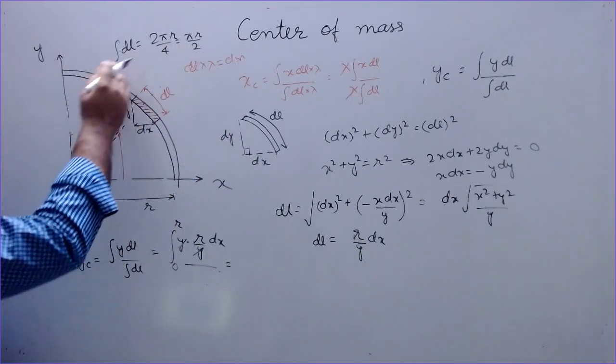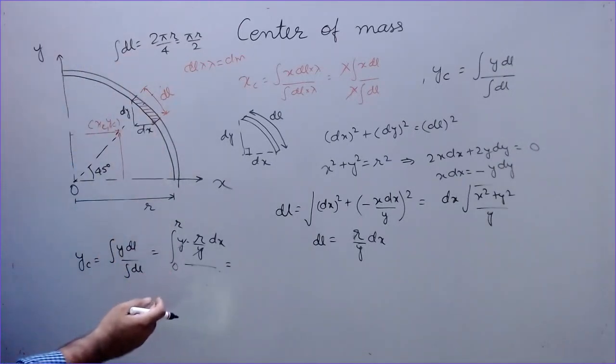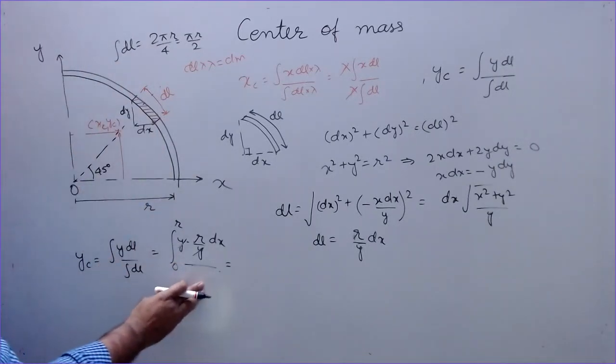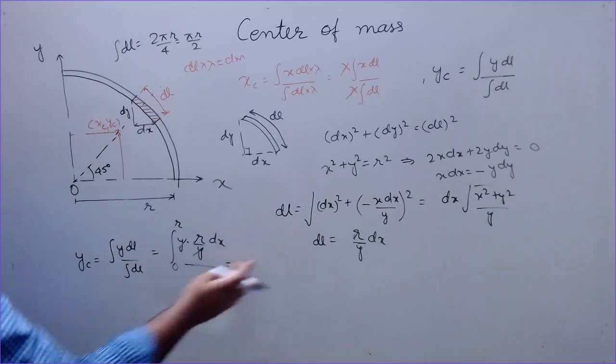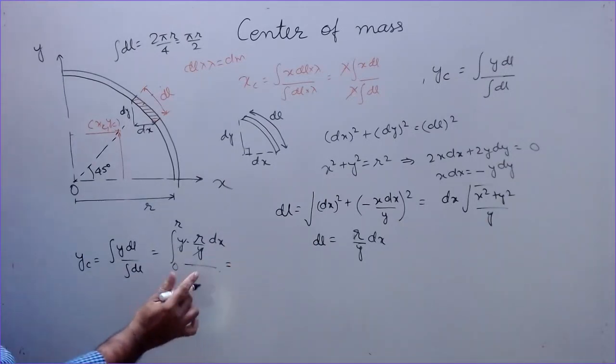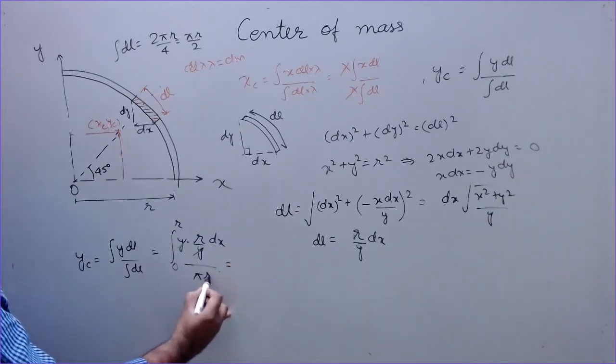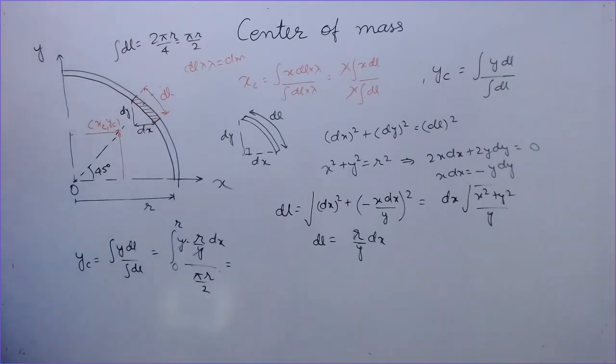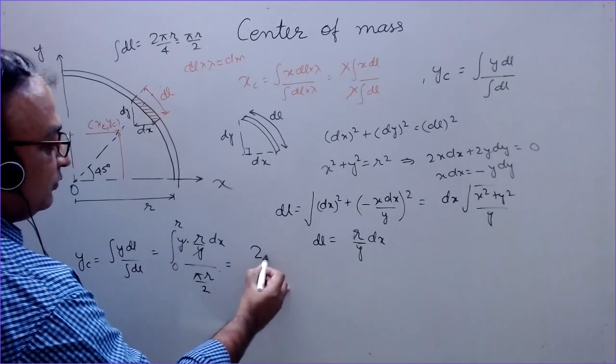This is the length, and integral dl is the total length. If the mass density would not have been constant, then I would have to put this as I did previously here. So put this pi r divided by 2. So r will be cancelled, can be taken outside, and you will get this is 2r divided by pi.